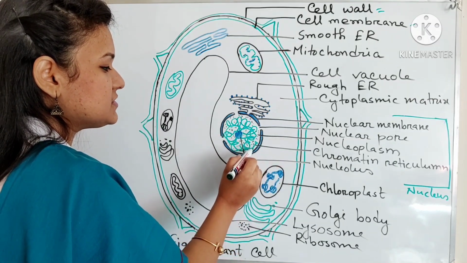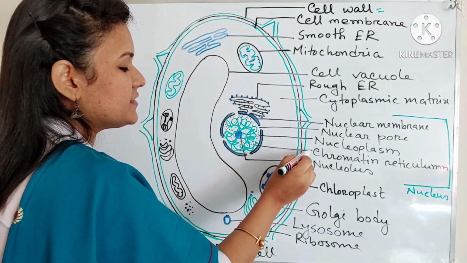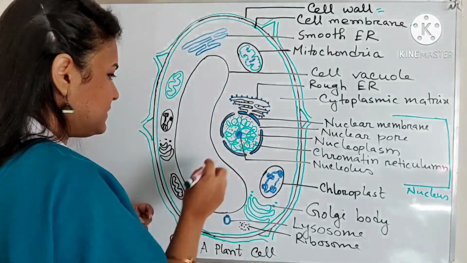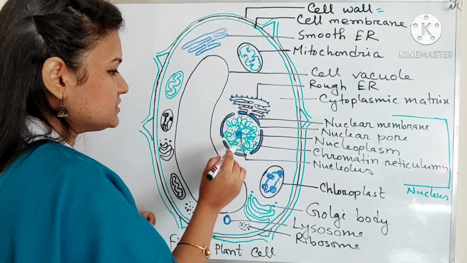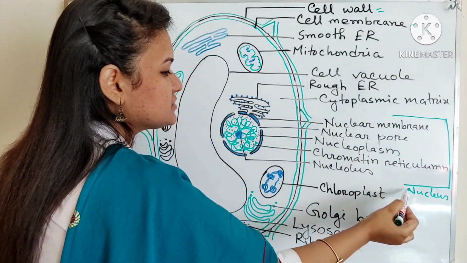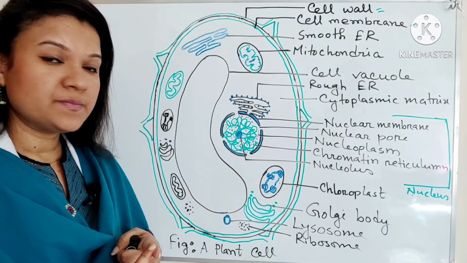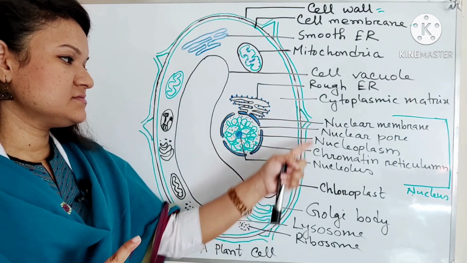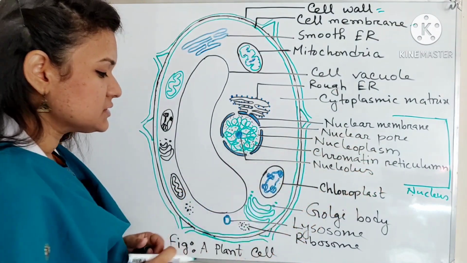And then this reticulum is called chromatin reticulum or chromatin material, and this dark structure is called nucleolus, and all the parts accumulated together are called the nucleus. So nuclear membrane, nuclear pore, nucleoplasm, chromatin reticulum, nucleolus, all things are accumulated and these are called nucleus.